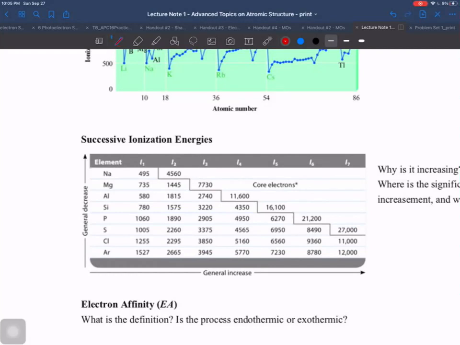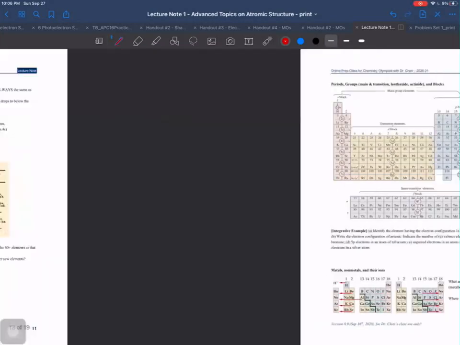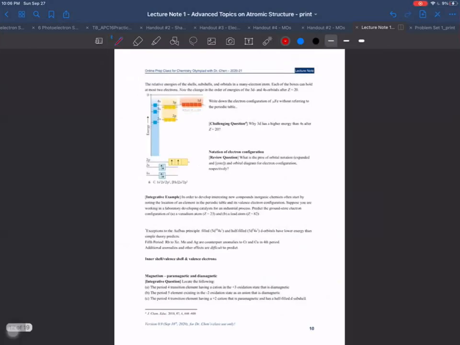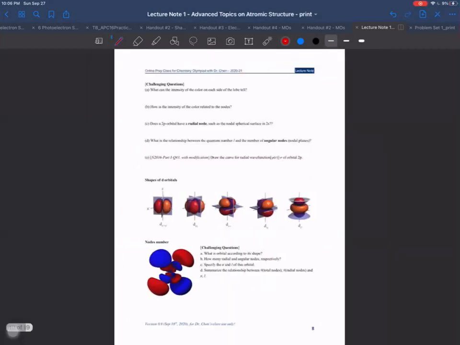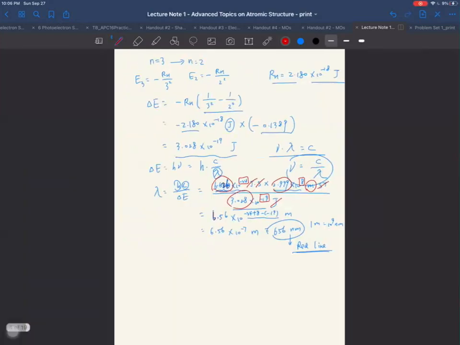Let me see. Any other question for you guys? Wait, so for the ionization energy of hydrogen-like ions, is N always equal to 1? Not necessarily. If it's ground state, N is 1. But if it's in an excited state, it's not 1. So this is why our final equation actually is this one. Give me 1 second.